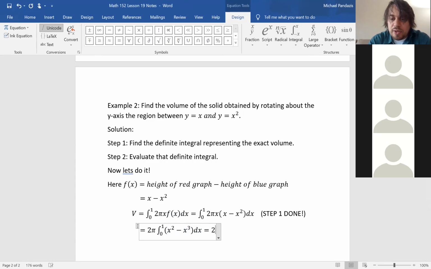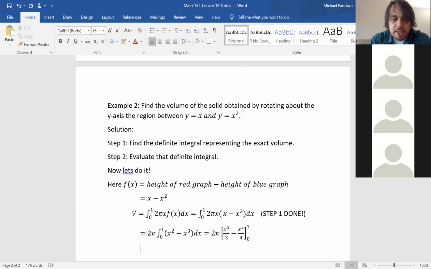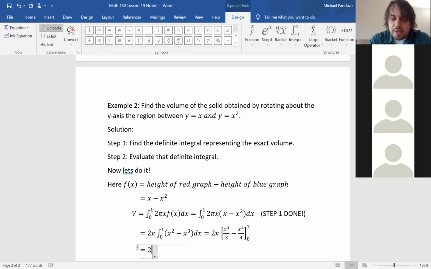And then that's equal to 2 pi times, now an antiderivative is x cubed over 3 minus x to the 4th over 4, and you're evaluating it from 0 to 1.